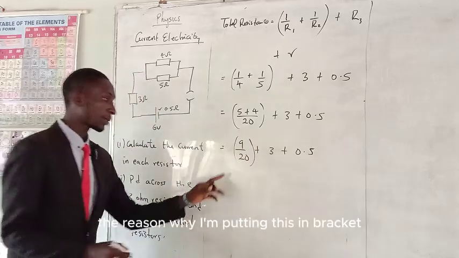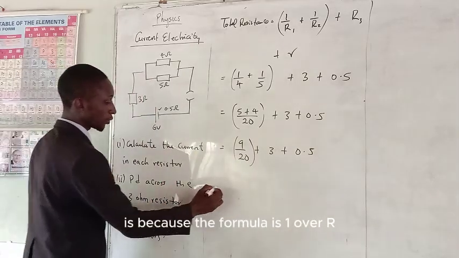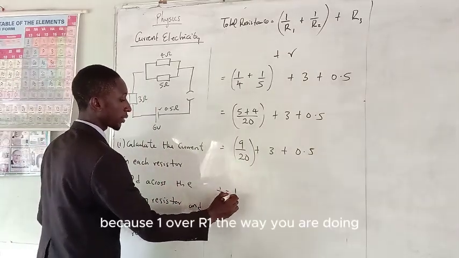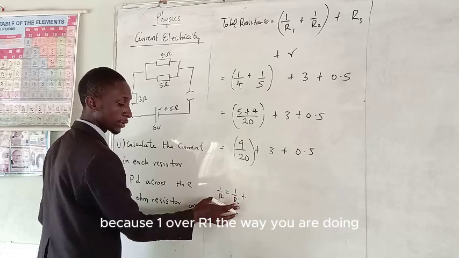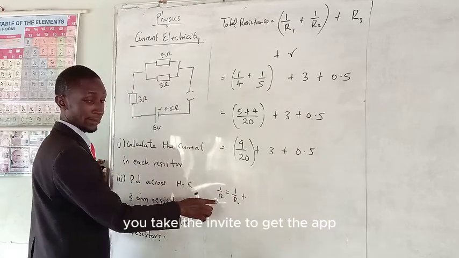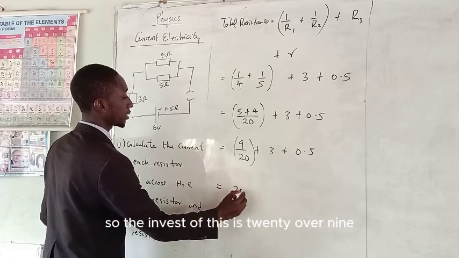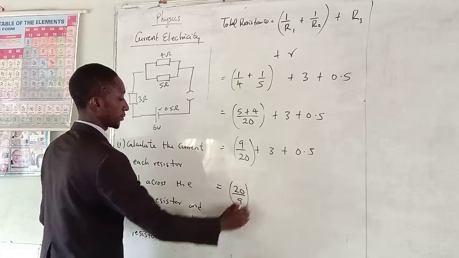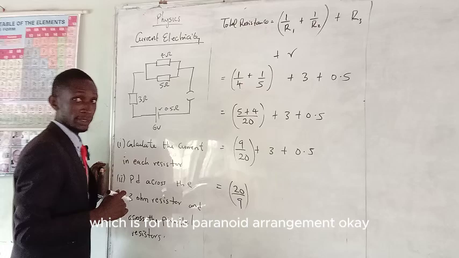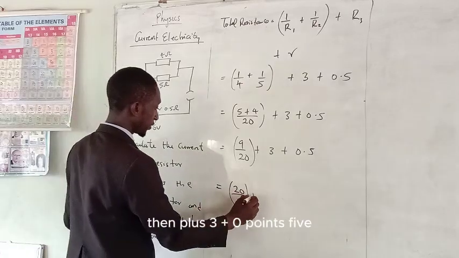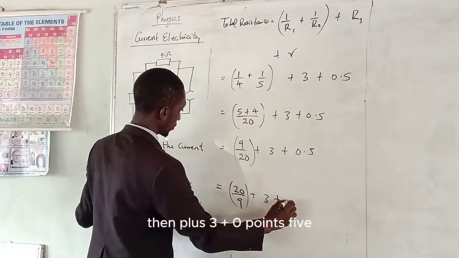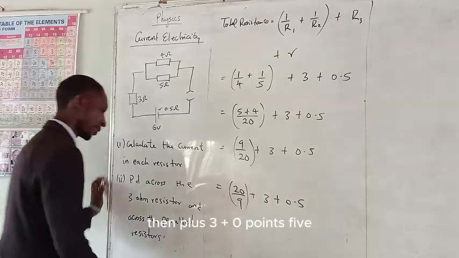But don't forget, the reason I'm putting this in brackets is that the formula is 1 over R equals 1 over R1 plus 1 over R2, so when you are done, you take the inverse to get R. So the inverse of this is 20 over 9, which is for this parallel arrangement. Then plus 3 plus 0.5.